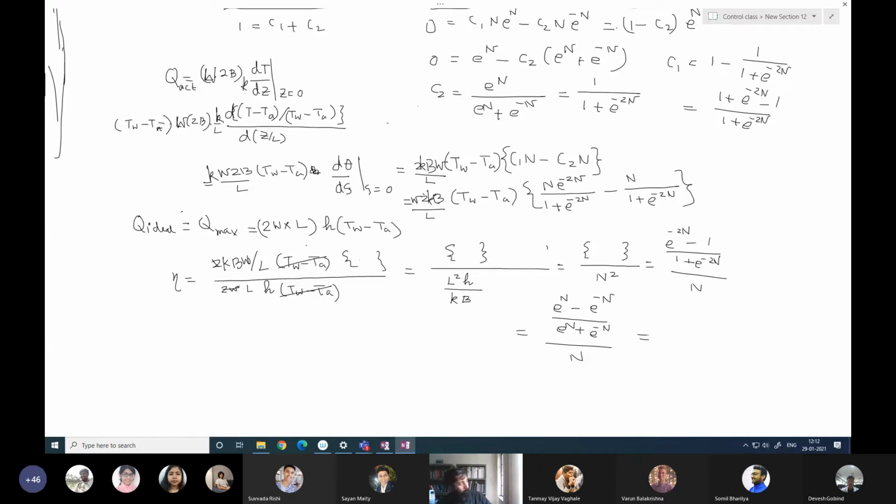Sir, I think it will be e to the power of minus n minus e to the power of n. Yes, sir. With that you can bring a minus sign here. So you are saying that you just bring a minus sign out, so you will get e to the power minus n minus e to the power n divided by e to the power minus n plus e to the power n. No, the minus sign won't be there in the second.